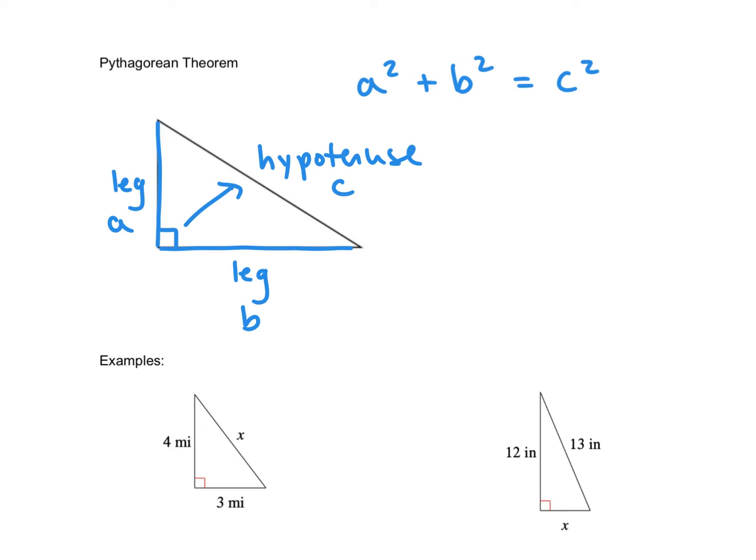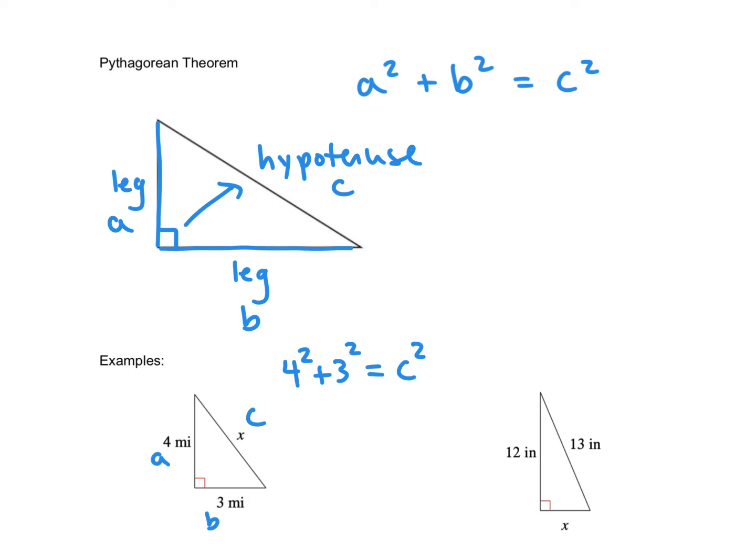Okay, so let's take a look at these examples down below. In the first example, I'm given the two legs, so I'm going to call those a and b, and instead of x, I'm going to call that hypotenuse that I'm missing c. So I plug it into the Pythagorean theorem. 4 squared plus 3 squared equals c squared. And I put 4 and 3 in for a and b.